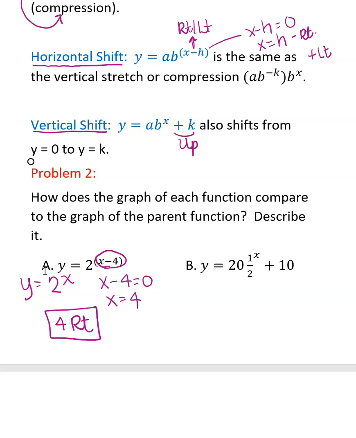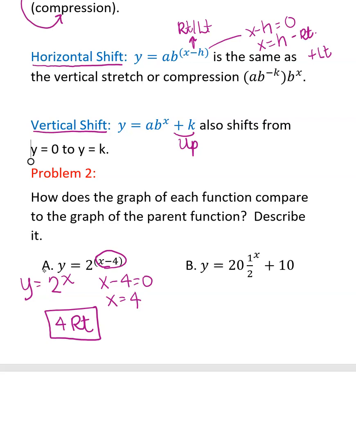The asymptote would be y equals 0. The y-intercept becomes 1/16. And if you investigate when you plug numbers in, that's where you get those numbers from.